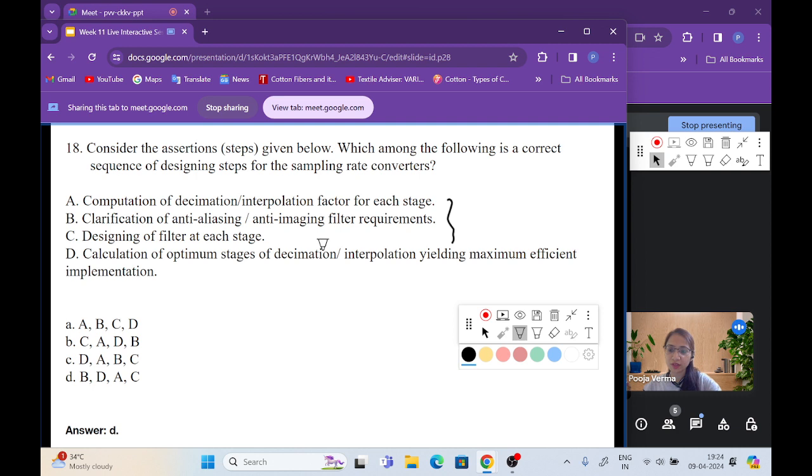Then A, computation of decimation or interpolation factor for each stage. Then C, designing a filter at each stage. Okay, so the correct option is B, D, A, C. So the correct option is D.